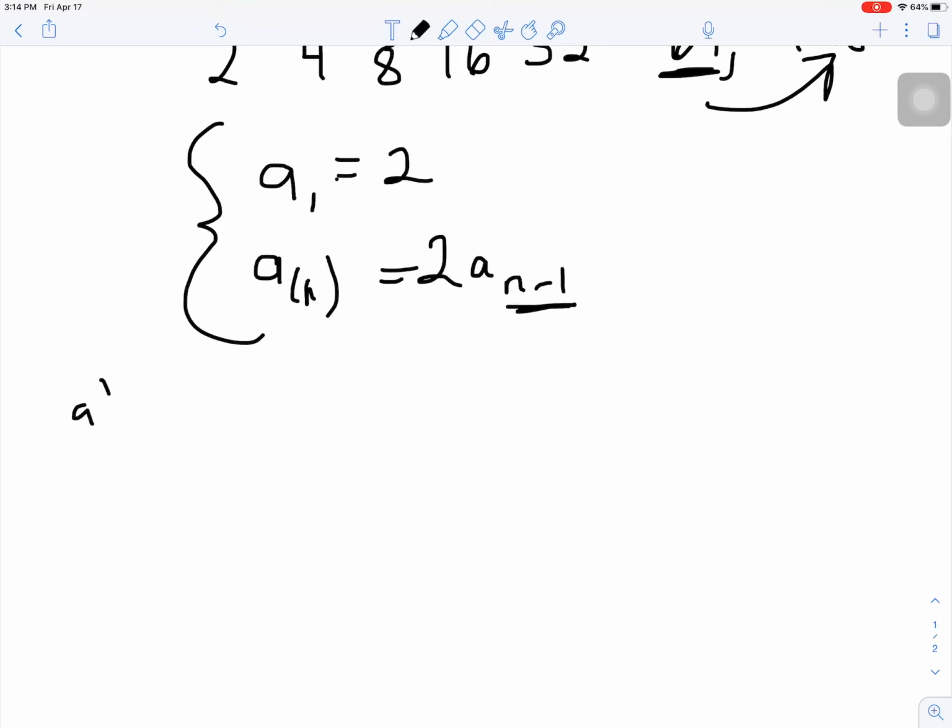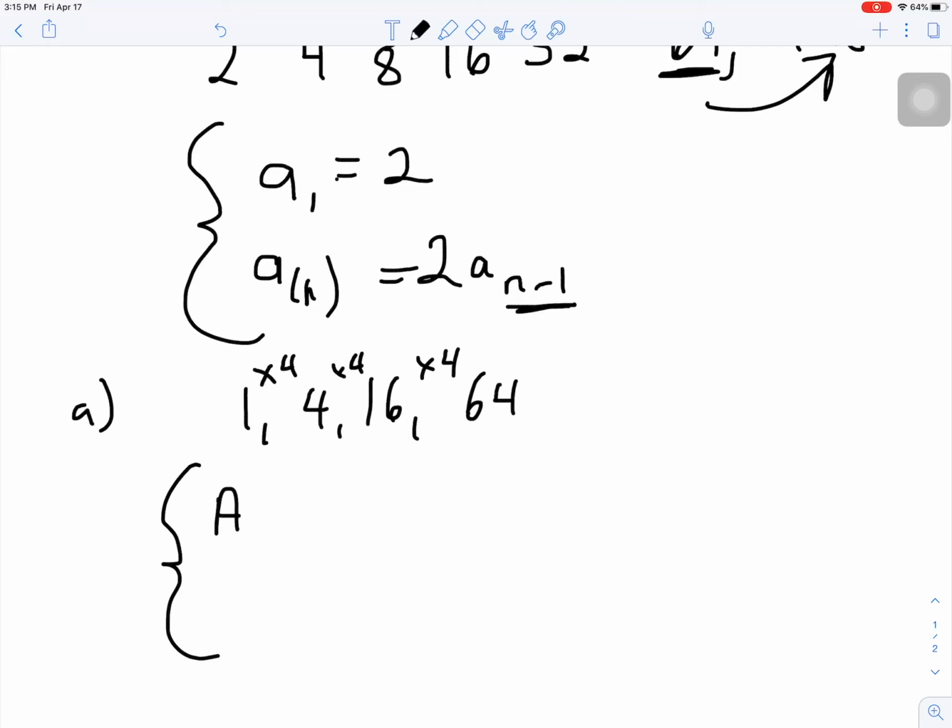So let's go through the practice set. I'm going to do it fairly quickly. Hopefully that makes sense. So for A, we have 1, 4, 16, and 64. If you're looking at it fairly quickly, you can see that we're multiplying by 4 every time. So in order to write the recursive sequence, A1 is going to be 1.